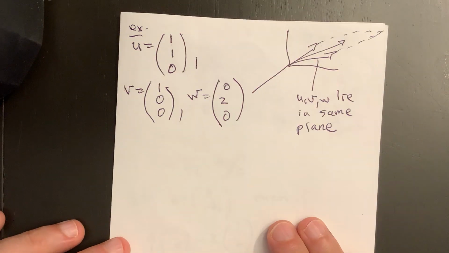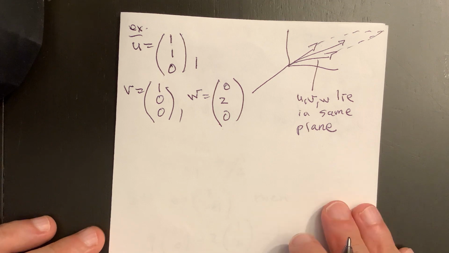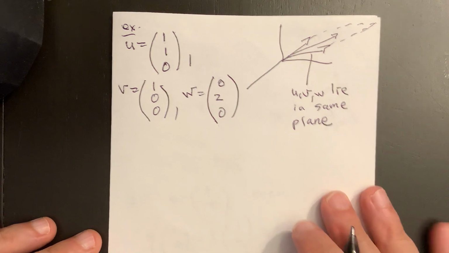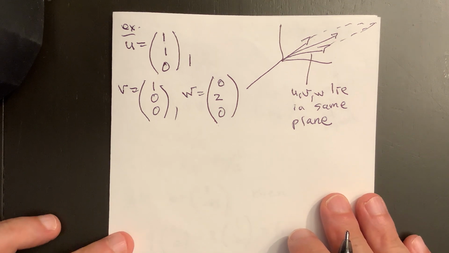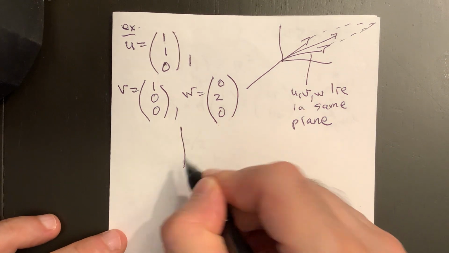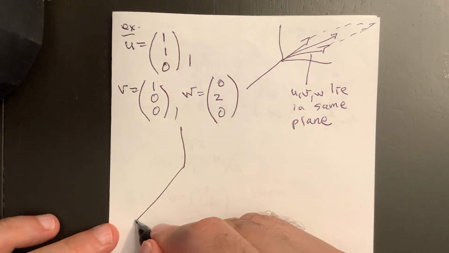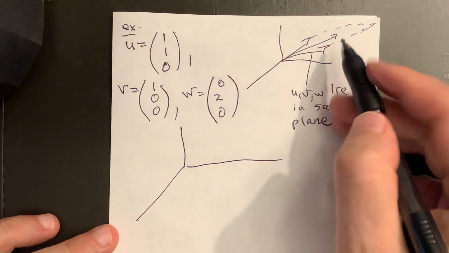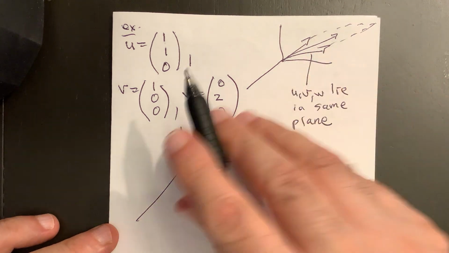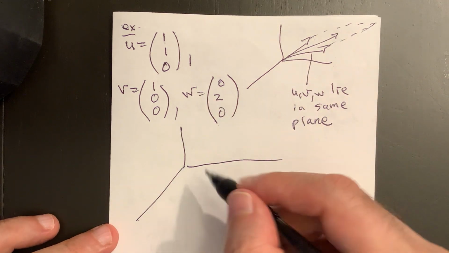That should work, okay? You see the thing here? Everything lies in the XY plane, right? Even though the space is R3. I like the ones that are not in a coordinate plane, which are more interesting, but this one's okay.